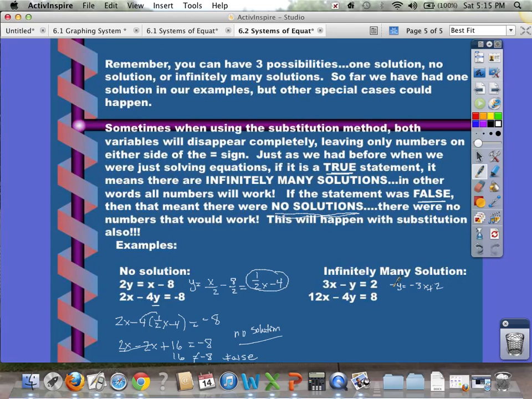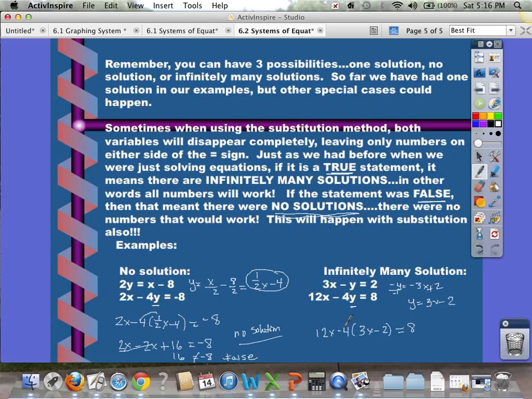And then when I divide everything by negative 1, that ends up becoming y is equal to 3x minus 2. Then I'm going to take that and plug it in right here for y. So I'm going to rewrite this problem. It's going to be 12x minus 4, plugging in 3x minus 2 equals 8.